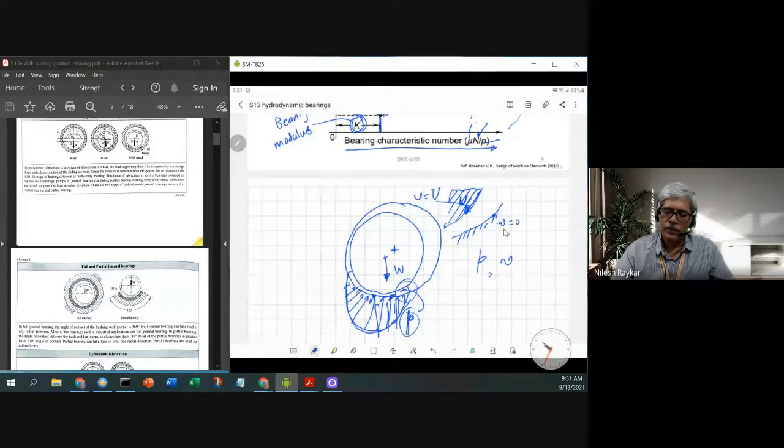At the top point it will be U, bottom point it is 0, but in between it could be linear or it could be concave or it could be convex. So the relationship between pressure and velocity is the one which needs to be established.